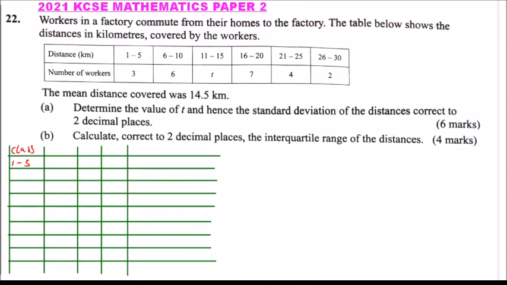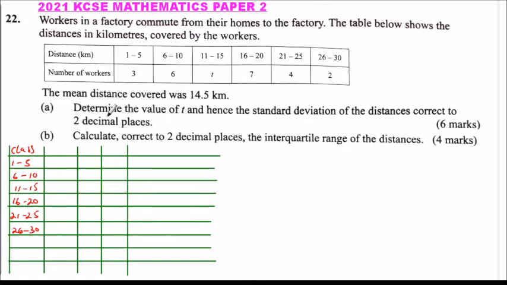It is 1 to 5, 6 to 10, 11 to 15, 16 to 20, 21 to 25, then 26 to 30. So those are the classes that we have.